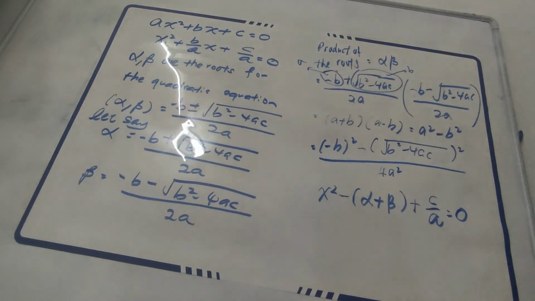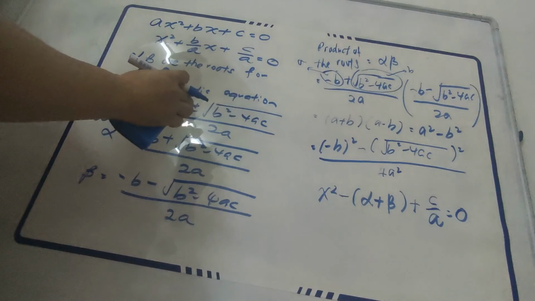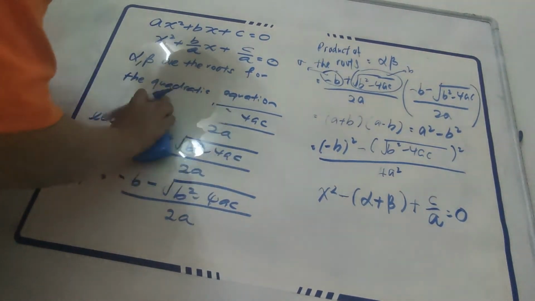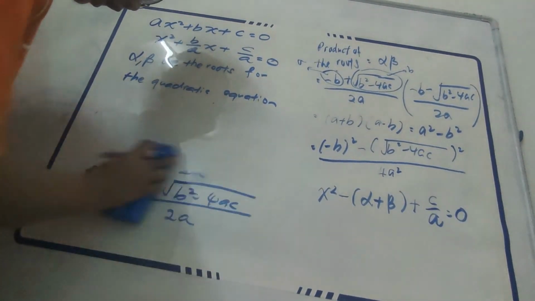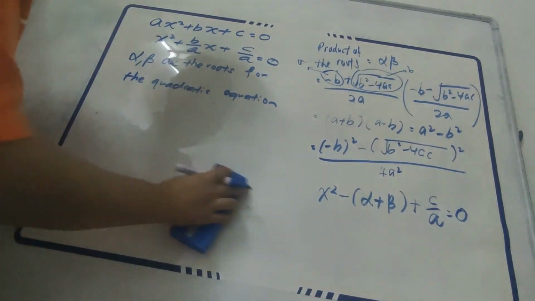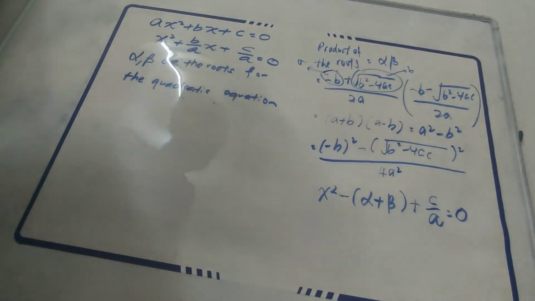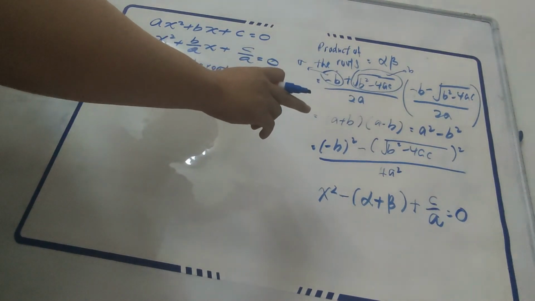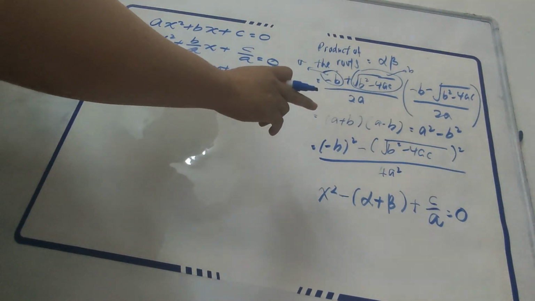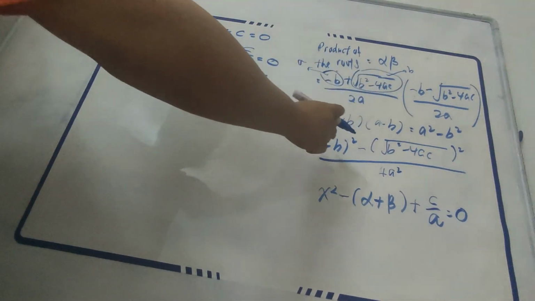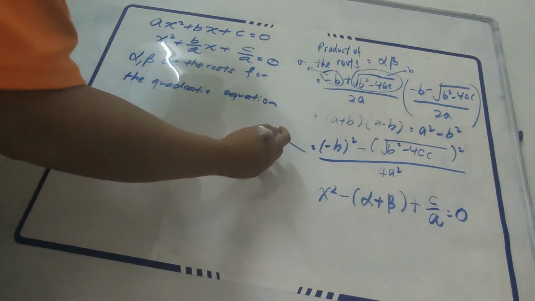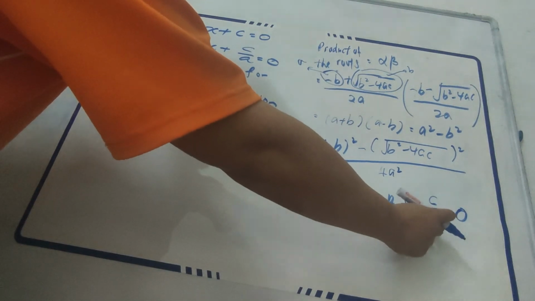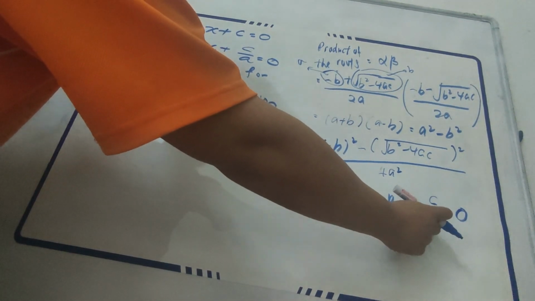Okay, I think I don't have much space to write, so maybe I write off this part. Continue the proof here, because later we want to substitute back the c over a here.